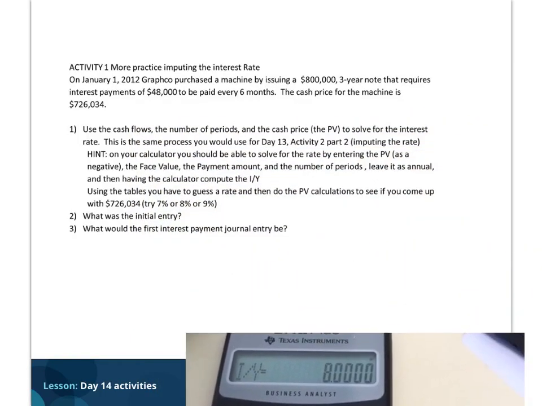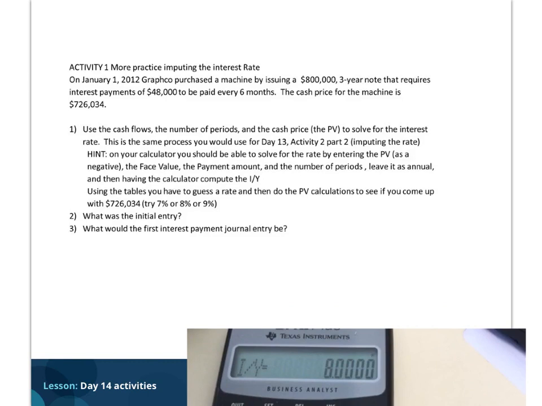Okay, so you could do that with the calculator. You could also do it with the tables. So basically this goes back to what we said earlier, that you'd have to guess the rate. So I gave you a range. I said try 7 or 8 or 9%. If you tried 7%, you would have ended up with a present value bigger than 726. If you tried 9%, you would have gotten a number less than 726.